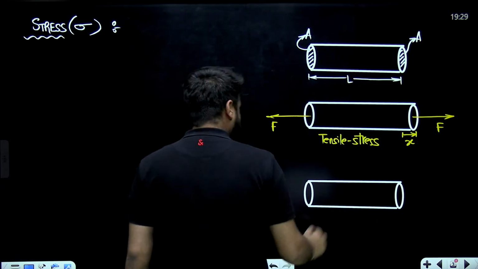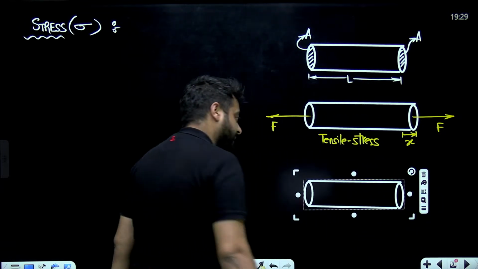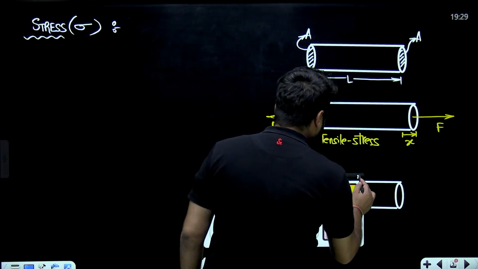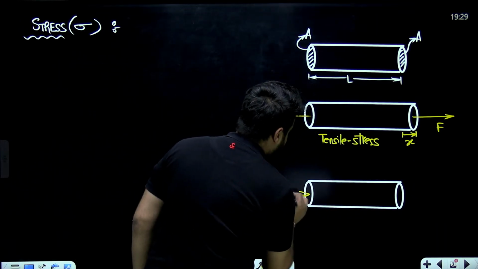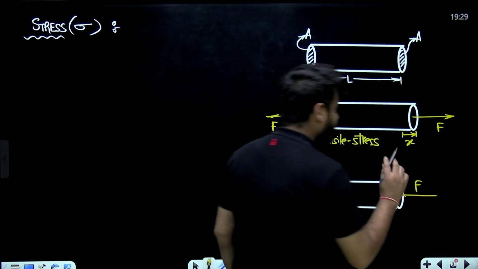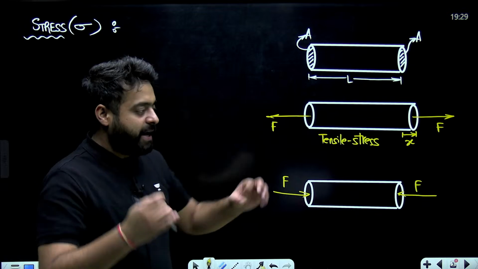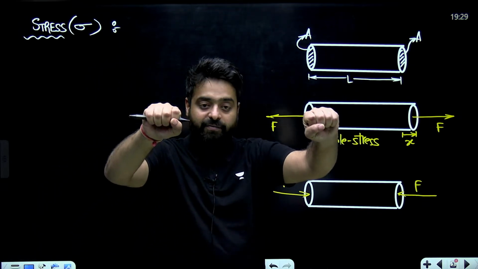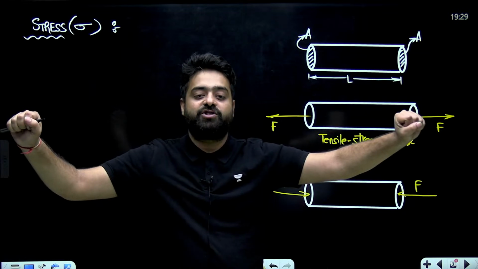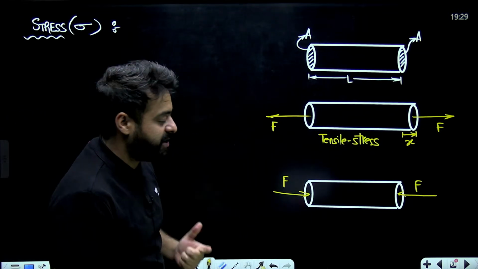There is a possibility that you may apply a compressive force on this body. People sometimes get confused, but it's very simple. If you apply the force outward, it gets tensile stress, but it tries to oppose this motion.